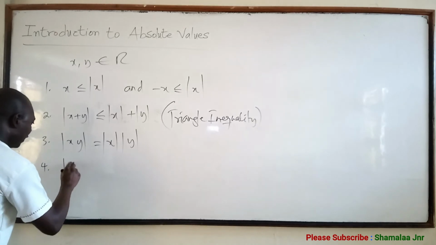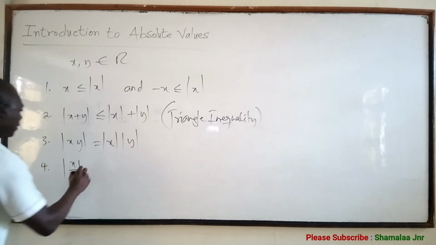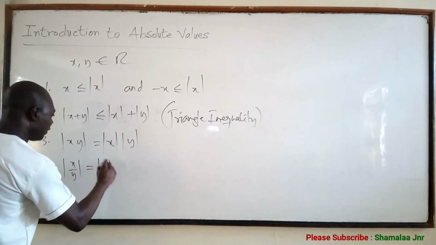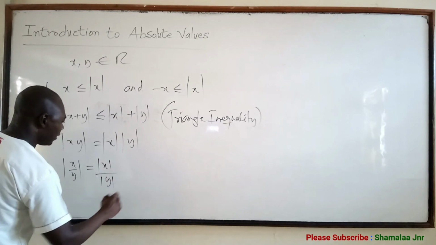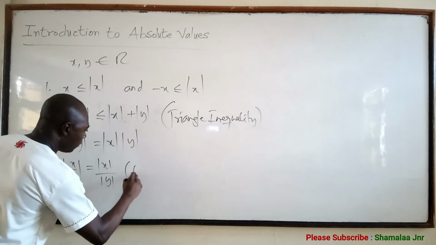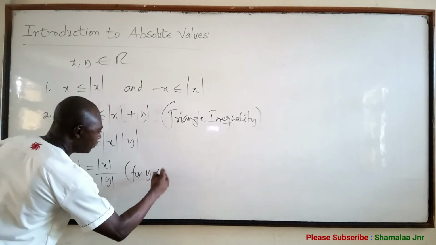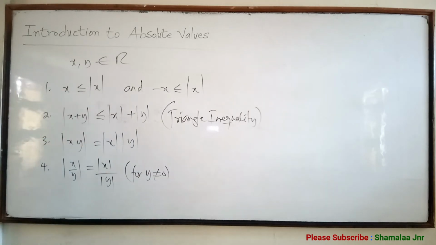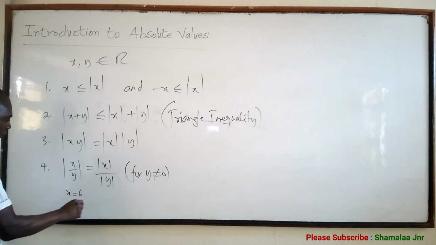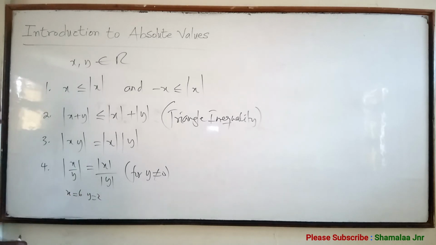4. Absolute value of x over y is equal to absolute value of x over absolute value of y, for y not equal to 0. This is true, isn't it? Let's check. If x is equal to 6, y is equal to 2.